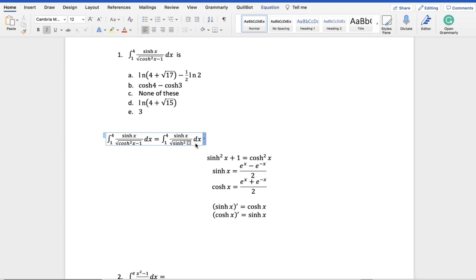And since you have the square under the square root sign, this just gives you the hyperbolic sine of x.